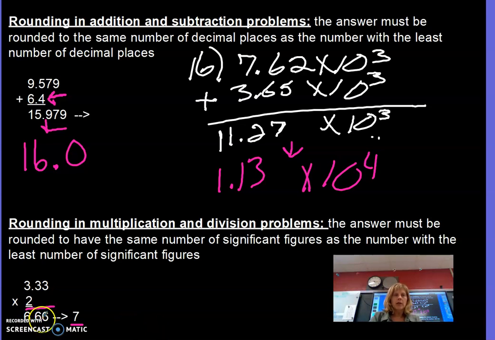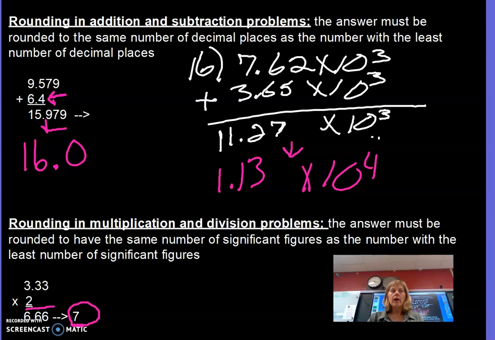So my 6, because I'm getting rid of a 6 in the tenths place, I've got to round that 6 up to a 7, so that it is one significant figure. So this is my final answer for this one. So multiplication and division, it's all about total numbers of significant figures.